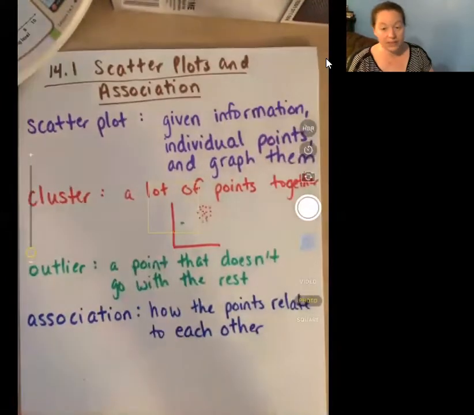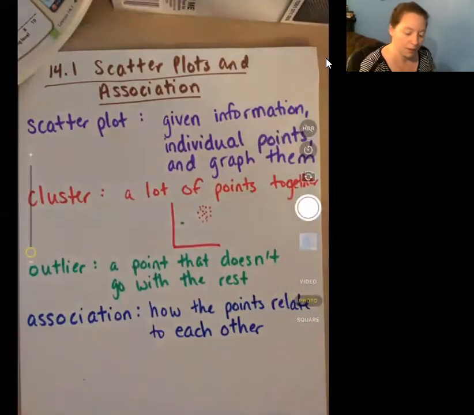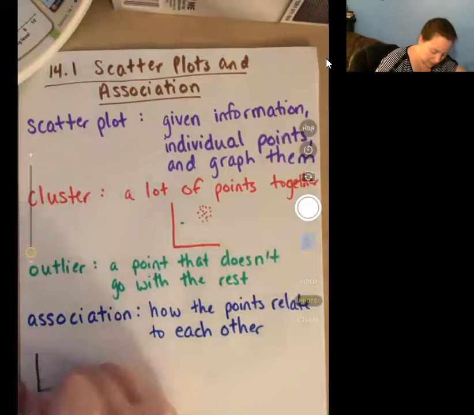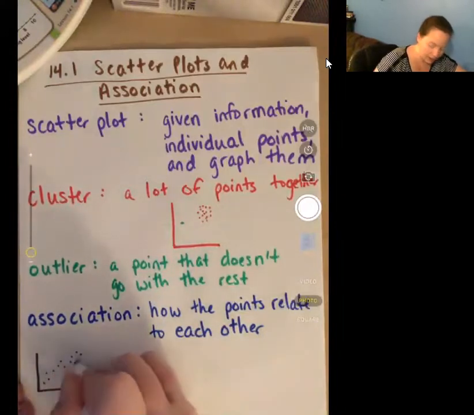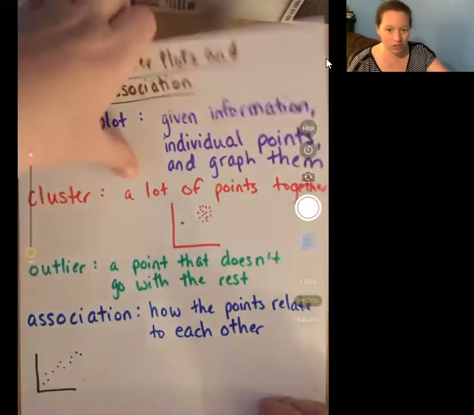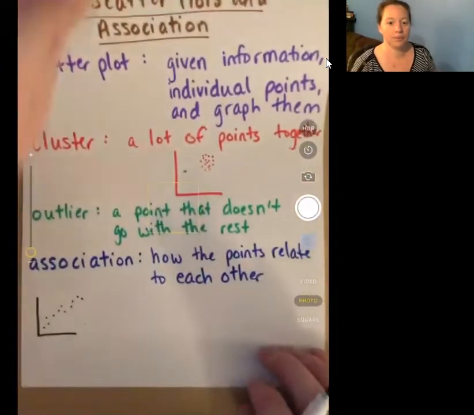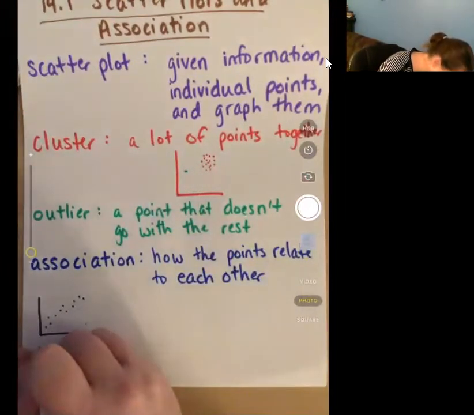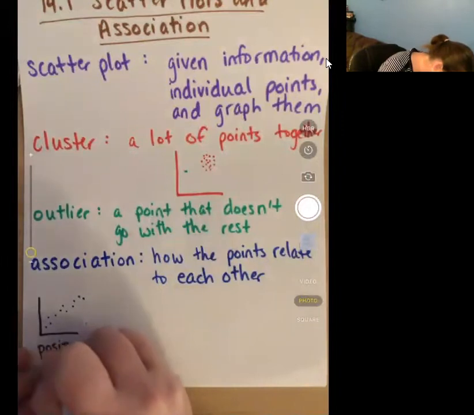There are 3 choices. First choice is when the points seem to generally be going up. See that? How the points are kind of generally going up. That is a positive association.